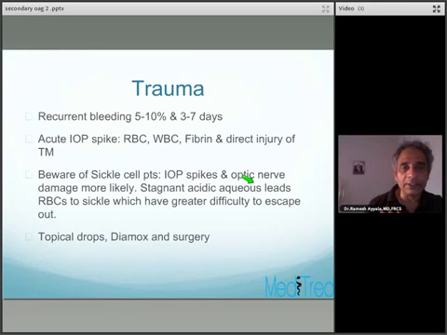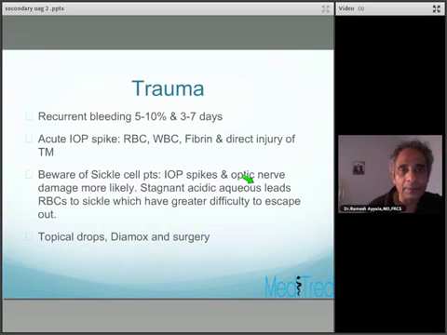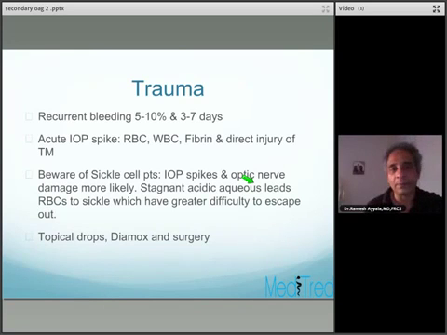Trauma is another big thing that can cause glaucoma, and almost every single ophthalmology resident or practicing ophthalmologist would have encountered this by now, trauma leading to glaucoma. So once you have sustained trauma to the eye, they could be bleeding, and should there be a hyphema, you've got to watch these eyes carefully, depending upon the degree of hyphema.